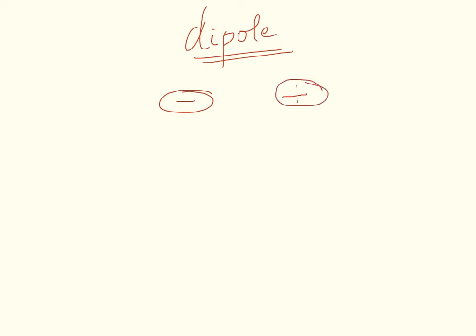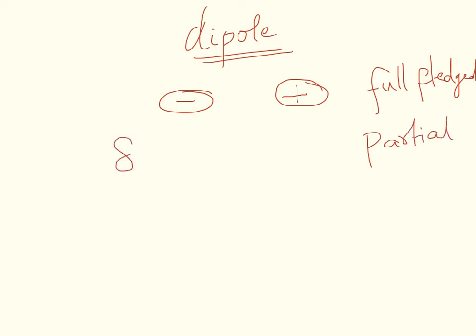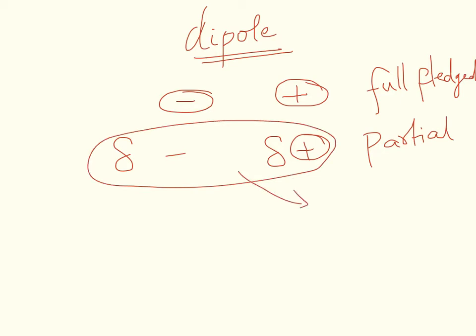Now that positive and negative could be full-fledged, or it could be partial positive and partial negative. Partial positive and partial negative are usually found in polar covalent molecules.